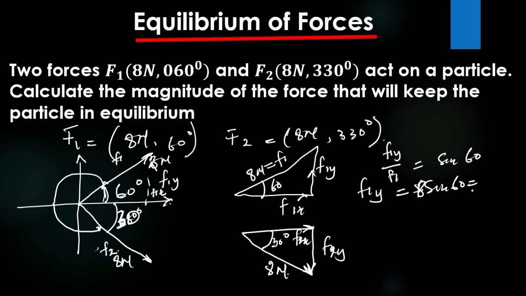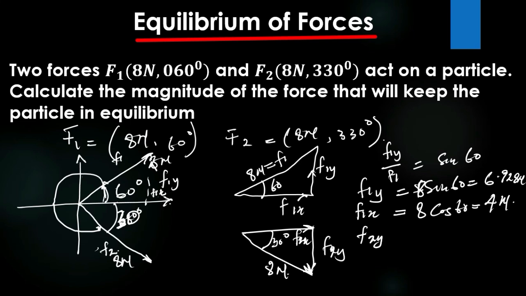Now 0.866 times 8 equals 6.928 Newton. F1x will be equal to 8 cos 60. Cos 60 is the same thing as 0.5. 0.5 times 8 equals 4. That's just 4 Newton.